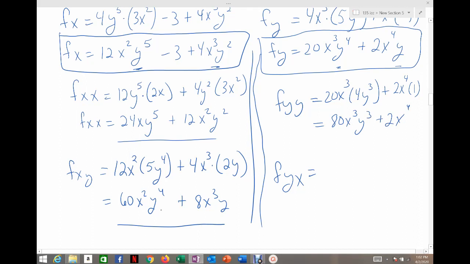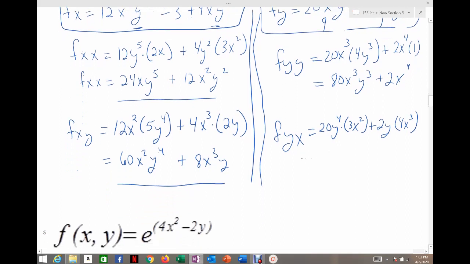Excuse me. Taking the derivative of this with respect to x, so now I'm looking at the x parts. So the 20, y to the fourth comes along. The derivative of x cubed gives me a 3x to the second. Plus the 2y comes along. The derivative of x to the fourth is 4x cubed. When I clean it up, it should look exactly like the last one.